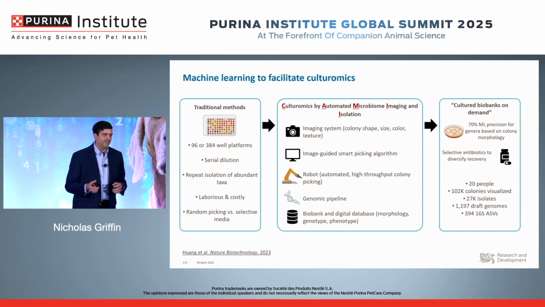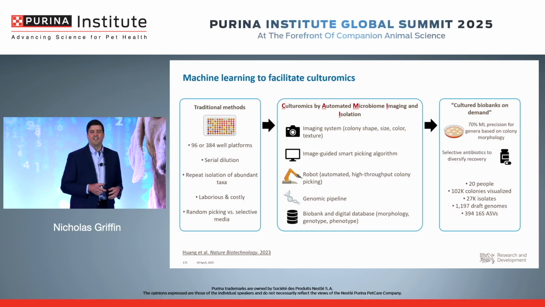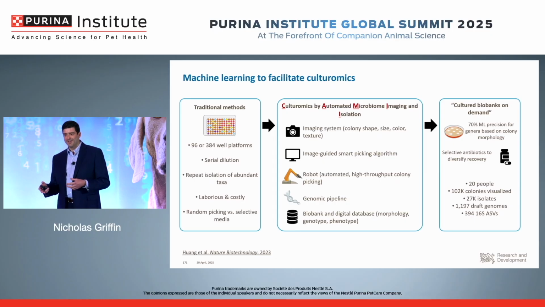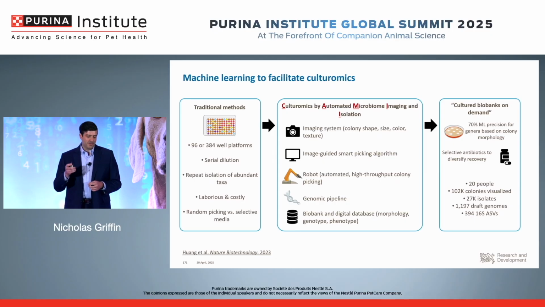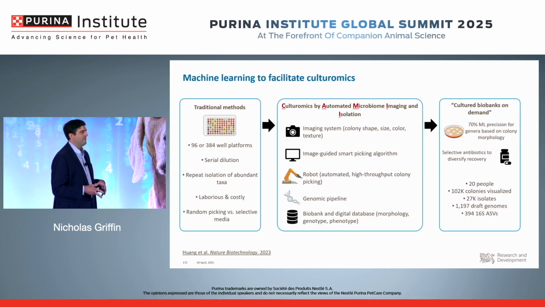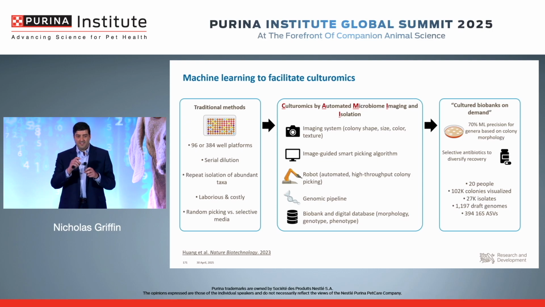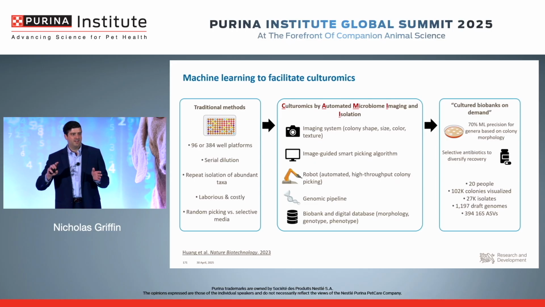I also kind of hinted that there is now this ongoing revolution in some of those culture-based methods based on all of the advancements that we're seeing. So this paper, when I saw it, really, really excited me. Traditional methods of developing a culture bank from an individual are really difficult. They rely a lot on serial dilution, where you're taking an arrayed format like 96 well plates or a 384 well plate, and you're basically diluting what you have to the point where you expect monoclonal growth of only a single type of bacterium in each well.